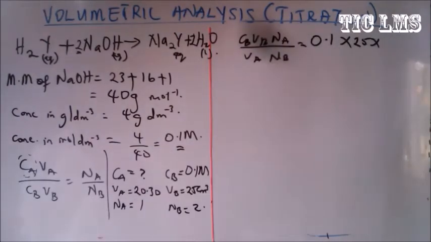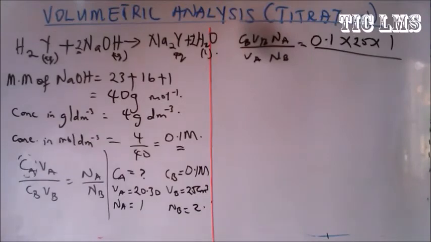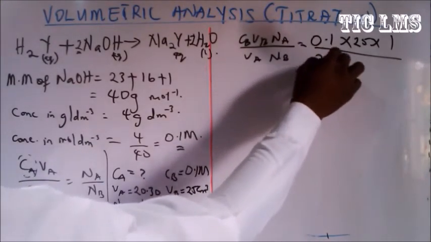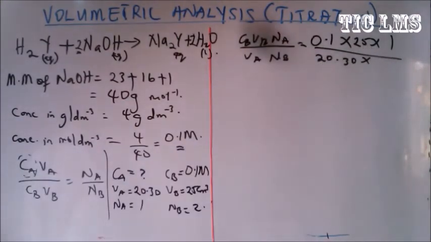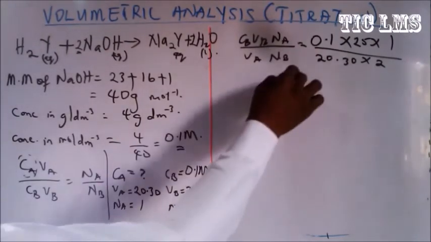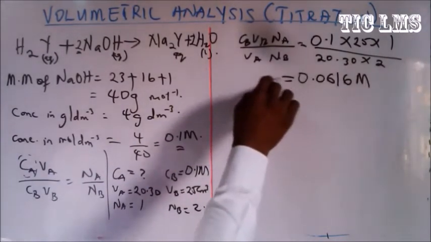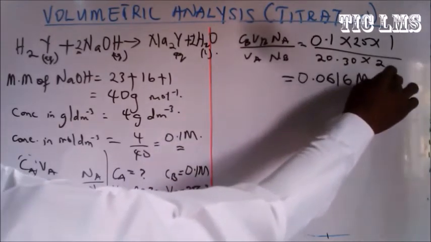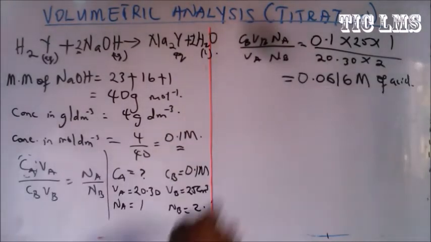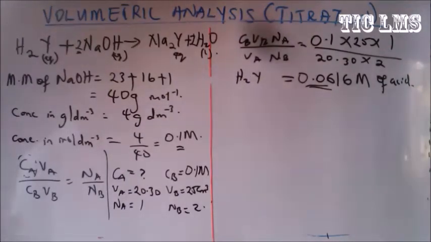Number of moles of acid is 1 over volume of acid is 20.30, and the number of moles of base is 2. Now when we multiply this, it gives 0.0616 molar of the acid. So we've gotten the first part of the question, that is of H2Y.